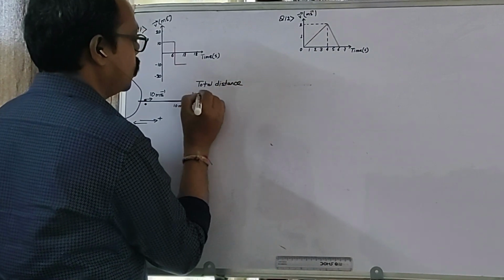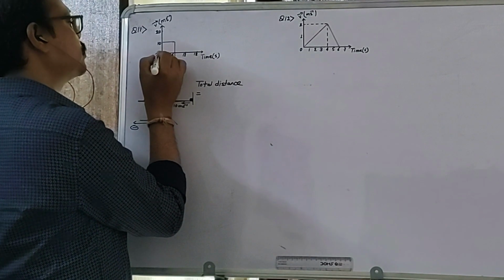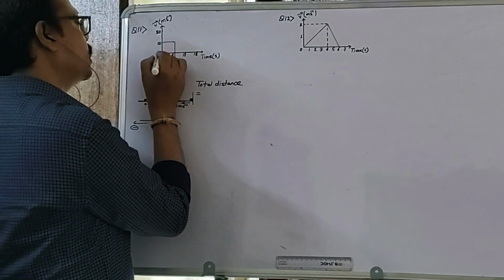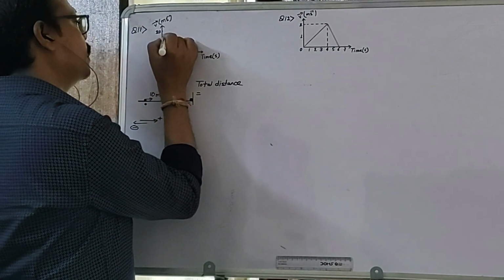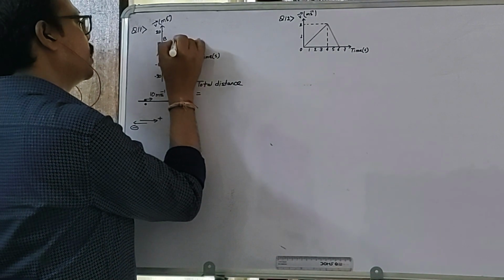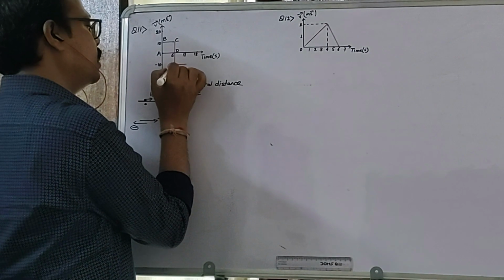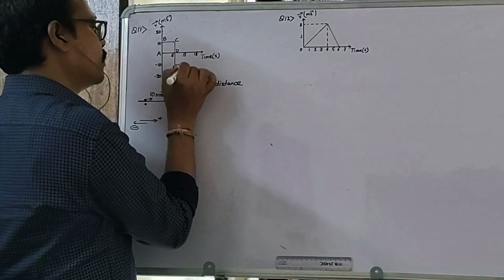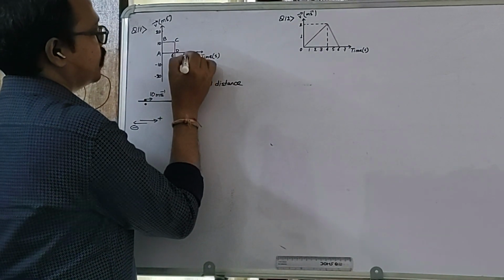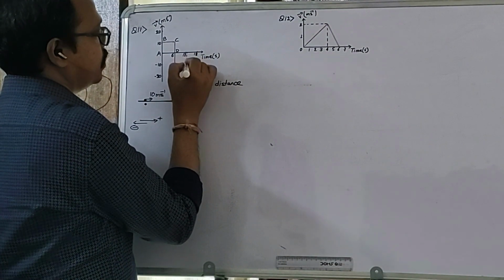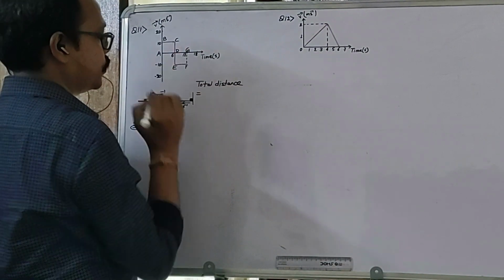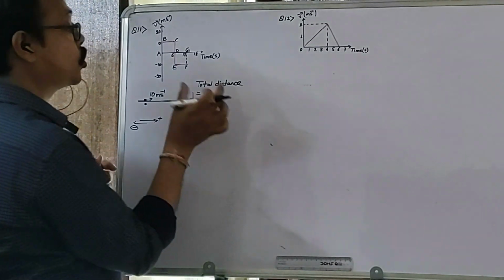Let us name these points. This is the origin. We are naming it A, B, C, D, E, F, G. Okay. So we are calculating total distance.